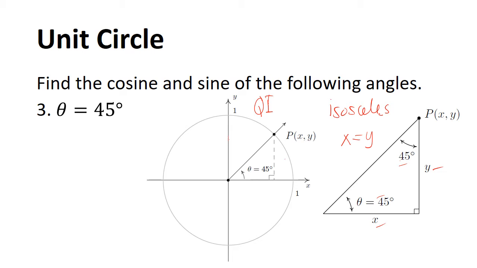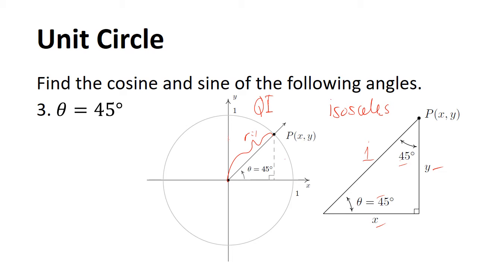And dito sa right triangle na form natin, you see the hypotenuse is actually equal to the radius. At diba, dahil unit circle to, this is the radius. Ang radius natin ay equal sa 1. Therefore, yung hypotenuse natin ay equal sa 1.